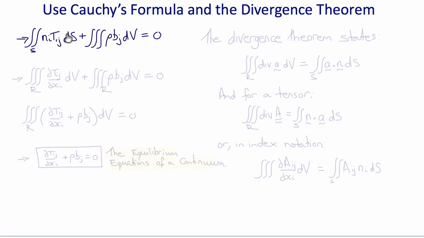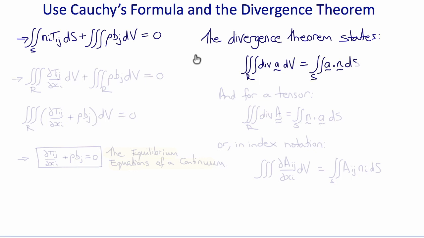To go further, we need to somehow combine a surface integral and a volume integral, and to do that we use the divergence theorem. The divergence theorem states that the volume integral of the divergence of a vector is equal to the surface integral of that vector dotted with the outward normal to the surface n.